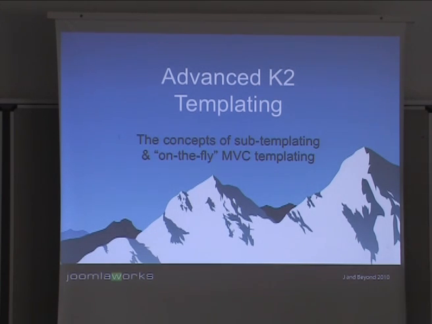So you don't have to create these new sub-templates within K2 itself. K2 should always remain clear, and you can use K2 sub-templating techniques within your Joomla site, within your Joomla template, and be, of course, completely independent of K2.